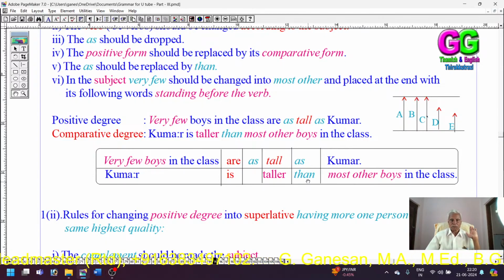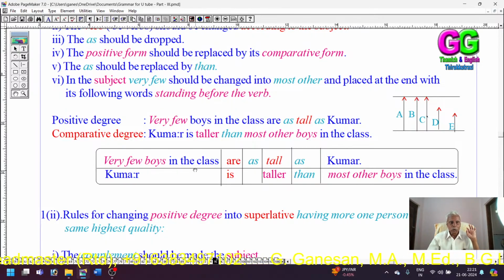Sixthly, the two words "very few" in the subject are replaced by "most other", and the entire subject is made as the complement.